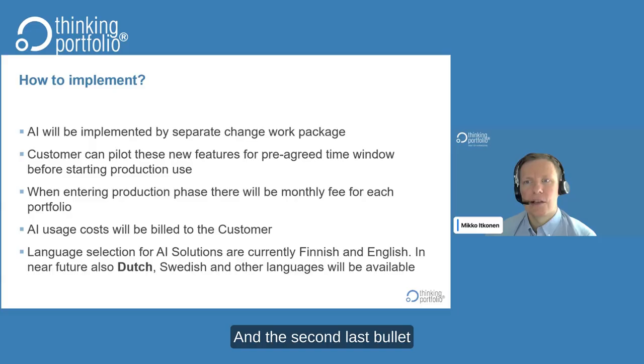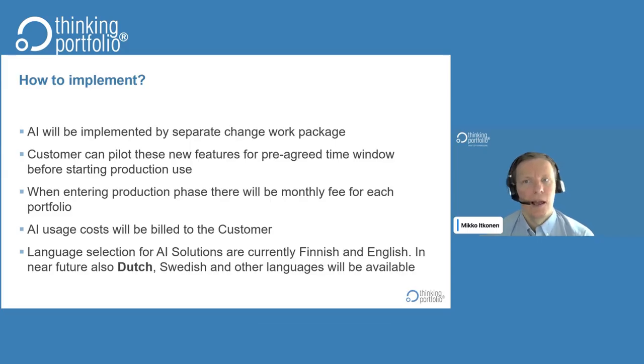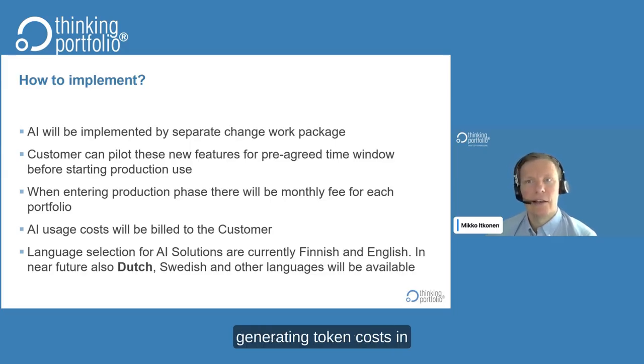And this second last bullet, this AI usage cost will be billed to the customer. What does it actually mean? Using these AI solutions generates token costs in Azure, and I could give some example of what kind of costs.